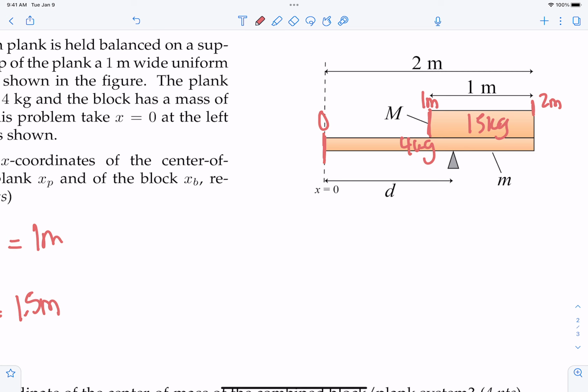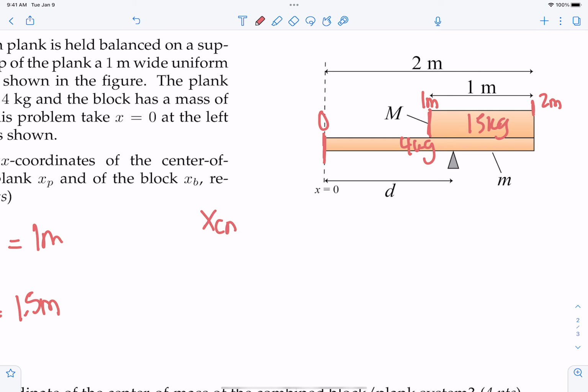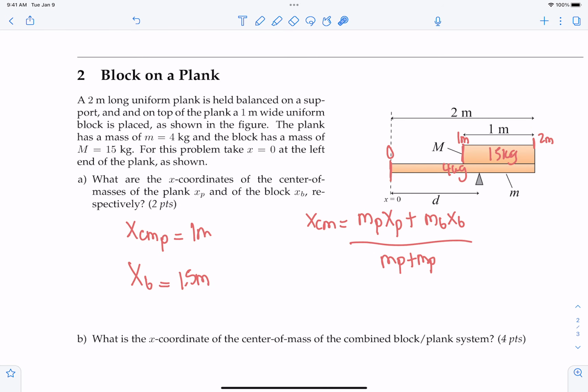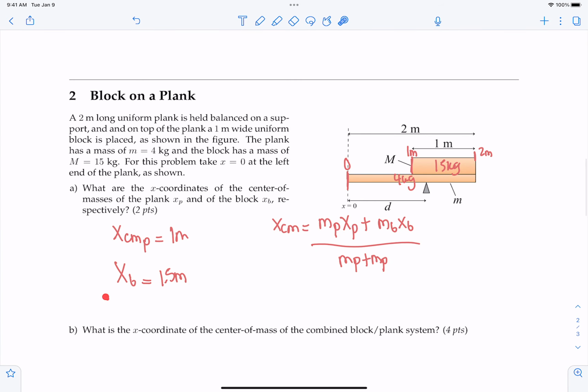So if we were to do that, it would be x cm equals mass of the plank times the center of mass of the plank plus mass of the block times the center of mass of the block, divided by mass of the plank plus mass of the block. That would get us the center of mass of the entire system. So you use this equation when you're finding the center of mass of an entire system.